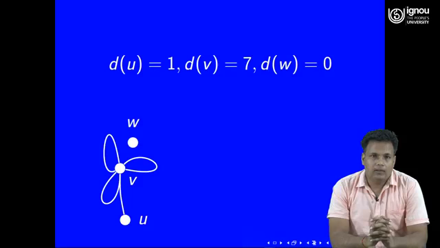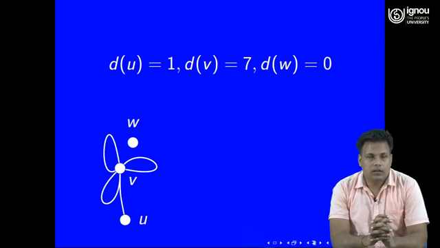For example, in the graph shown here, you can see that the degree of vertex u is 1, because there is exactly one edge incident on it. On the other hand, the degree of vertex v is 7, because there are 3 loops on it and there is one non-loop edge.